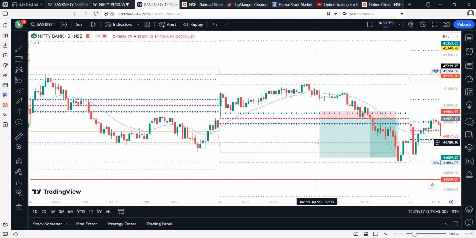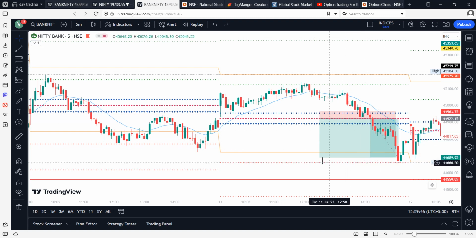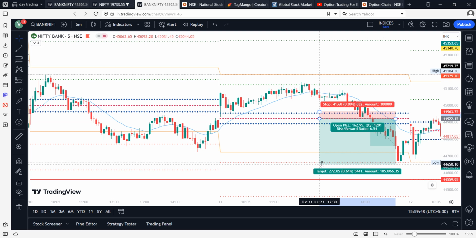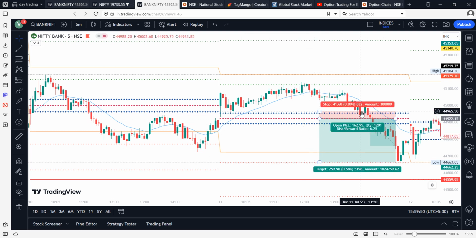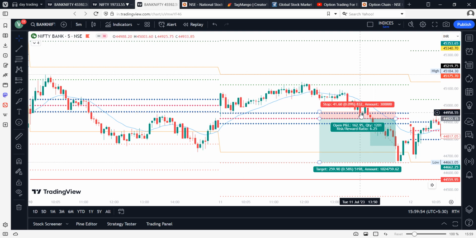What happened here is, you know that this is going to go down from this point to this point. You have to enter after the close of this candle and put your stop loss.